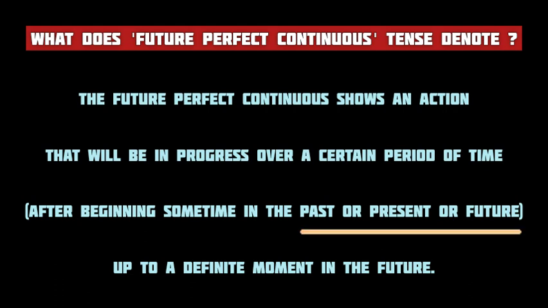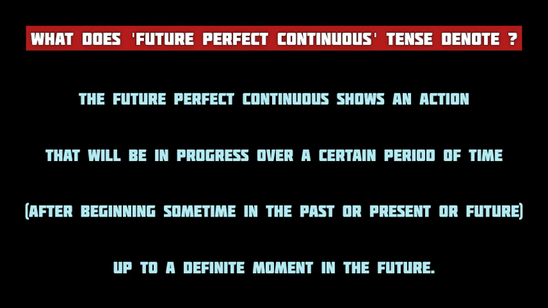The action may have started in the past or present, or it may start in the future, but it will be in progress for a certain time period up until a definite moment in the future.